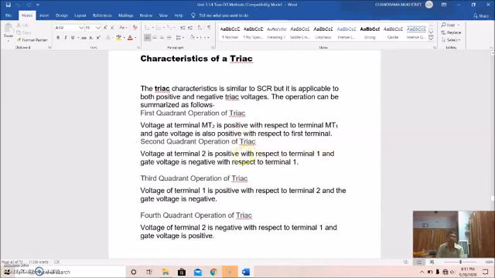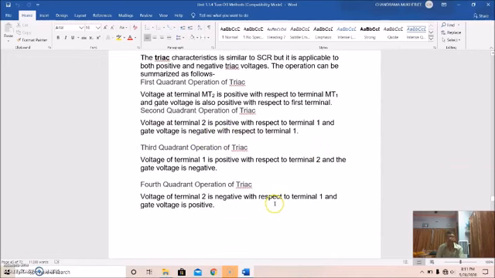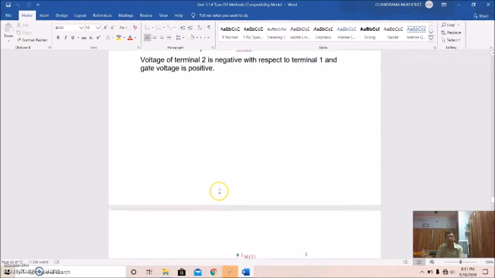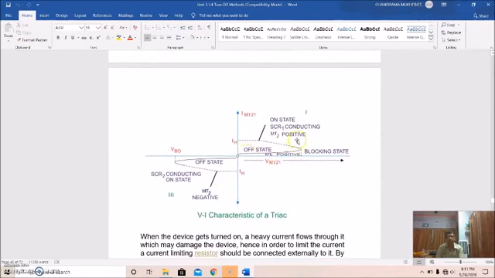Second quadrant operation of TRIAC is when voltage at terminal 2 is positive with respect to terminal 1, and gate voltage is negative with respect to terminal 1. Third quadrant operation of TRIAC is when voltage at terminal 1 is positive with respect to terminal 2, and the gate voltage is negative. And fourth quadrant of operation, voltage at terminal 2 is negative with respect to terminal 1, and gate voltage is positive. So these are all shown in this characteristics curve.